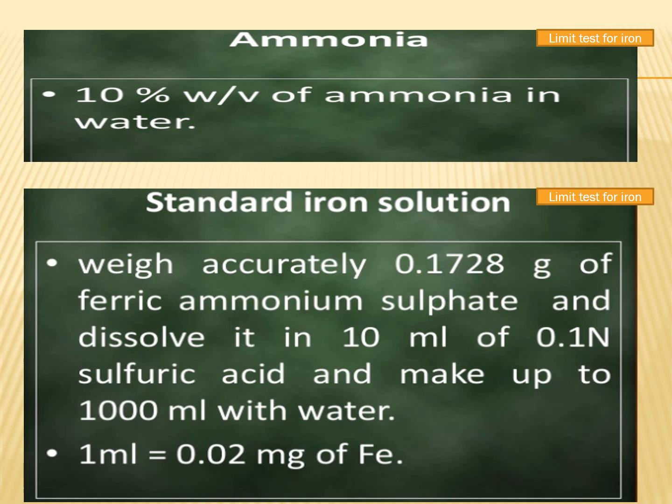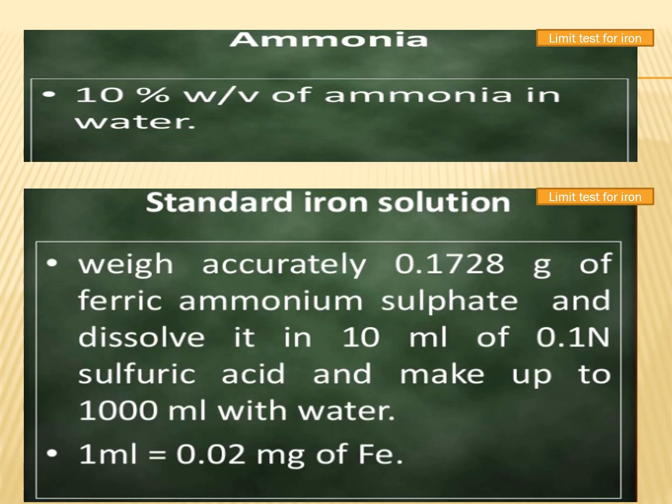Next, we are adding 10% weight by volume of ammonia in water. Ammonia solution is added for making the solution alkaline. So the complex should be colored in ammoniacal or alkaline solution. In acidic and neutral solution, the iron thioglycolate complex is colorless.